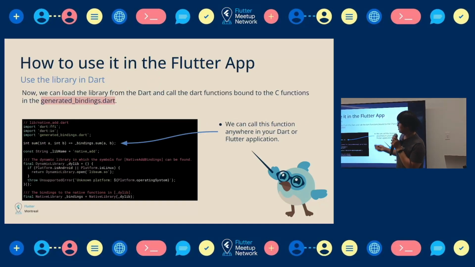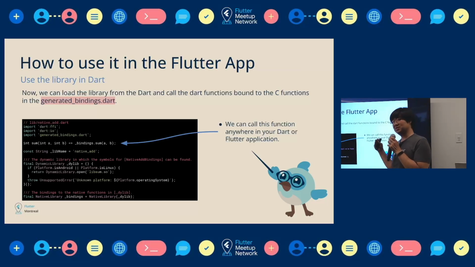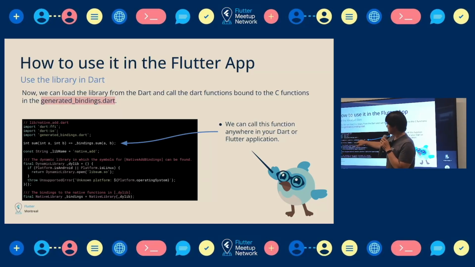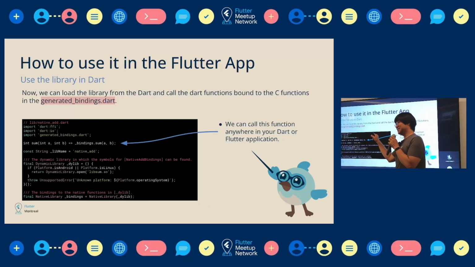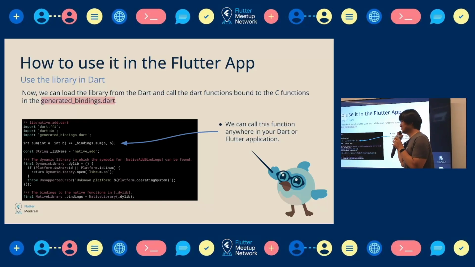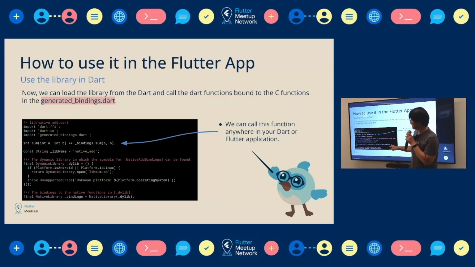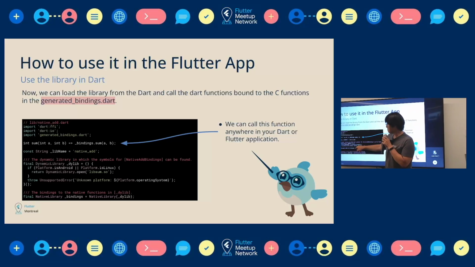And now you're going to use the bindings in your actual Dart application. Like I said, the first thing we need to implement is the function. So bindings.sum is actually the Dart function in the binding that calls the C function. Okay? And this is the way to load the libsum library.